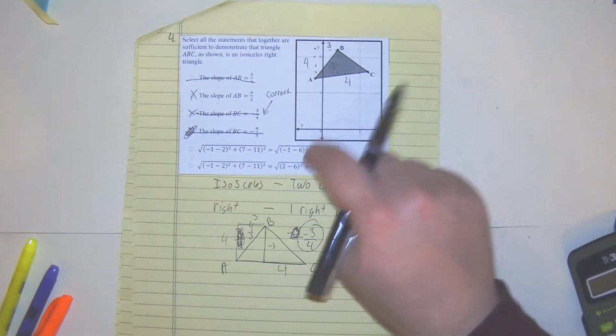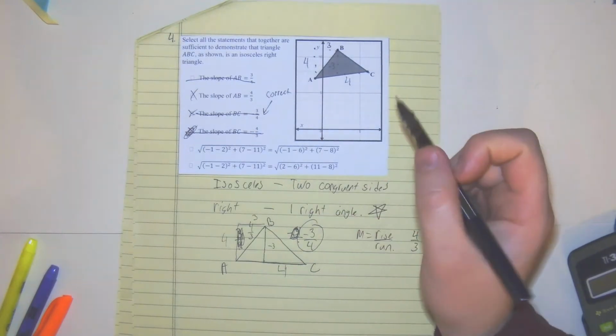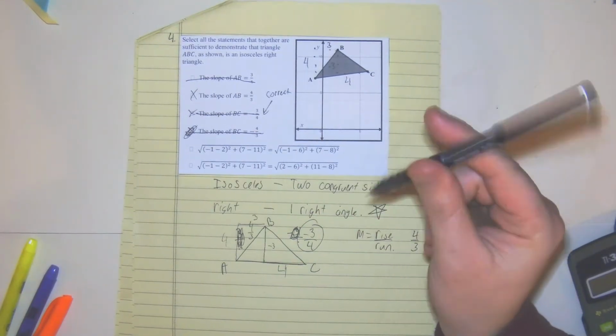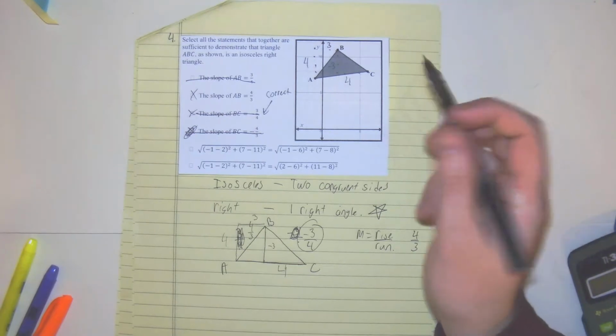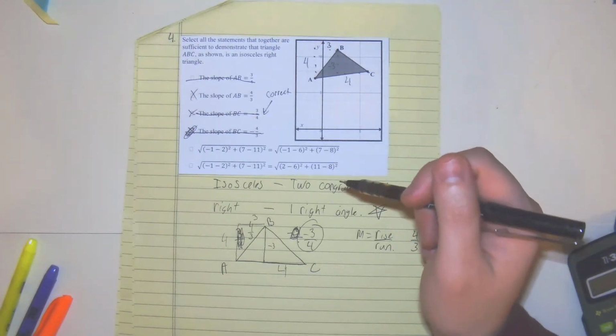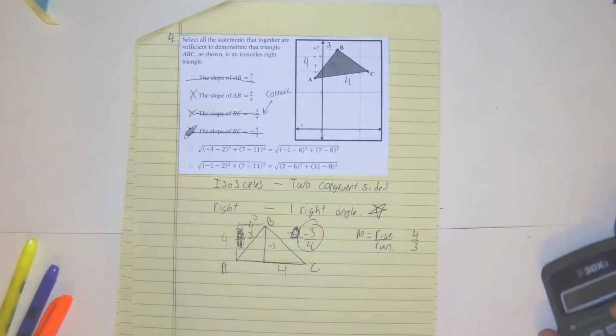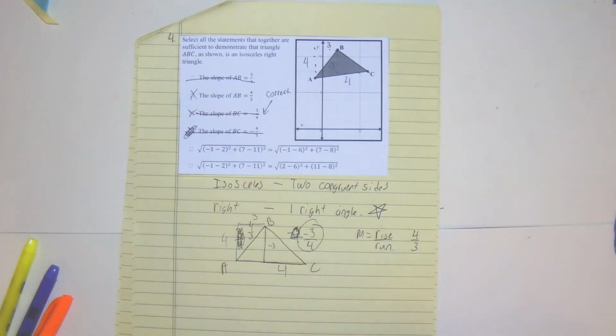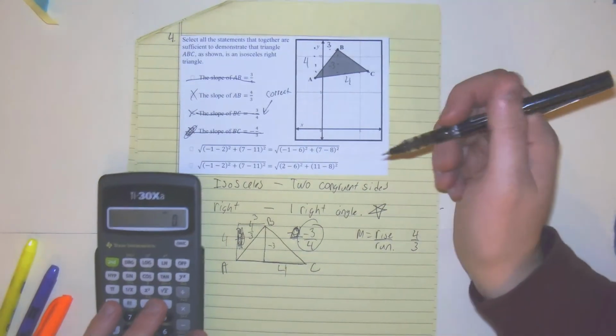Okay, next one. They want us to see which one is true. Well, it's an isosceles triangle, so two sides have to be equal. Well, it's a calculator section, so we can just kind of abuse it and see what is going to be true.